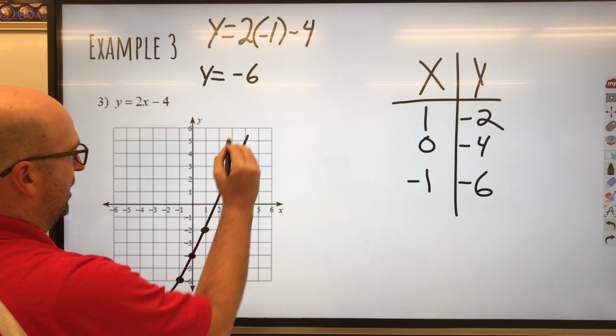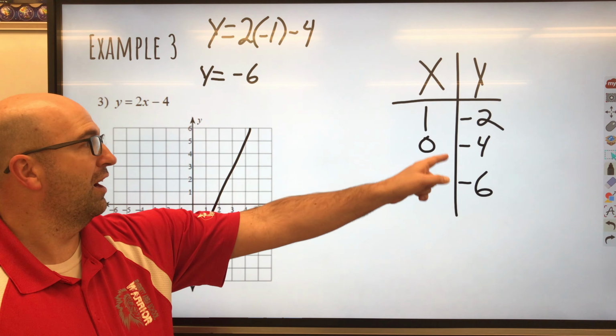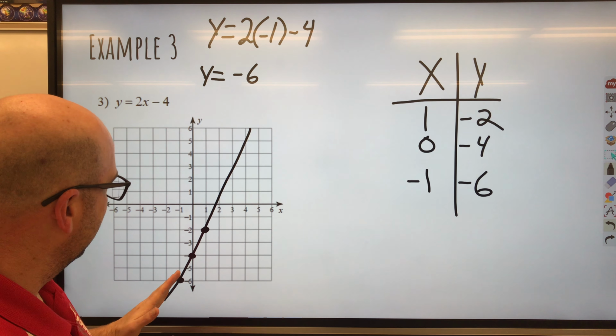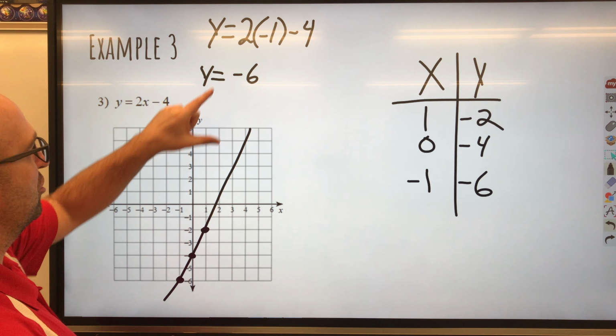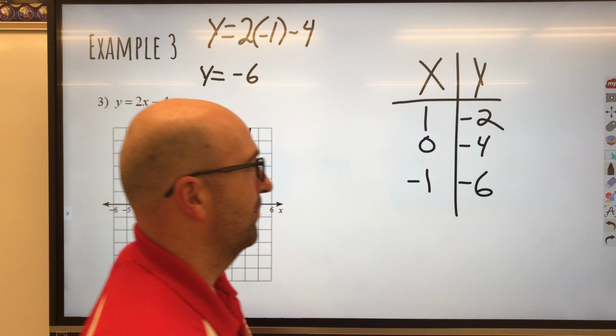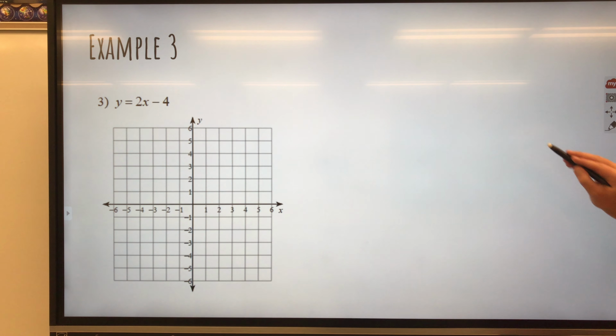And there's our line. Now you can tell whenever you plot these whether you've done this part correctly, because they are in a line. If you get one that's not in a line, it means you probably didn't solve the equation correctly.